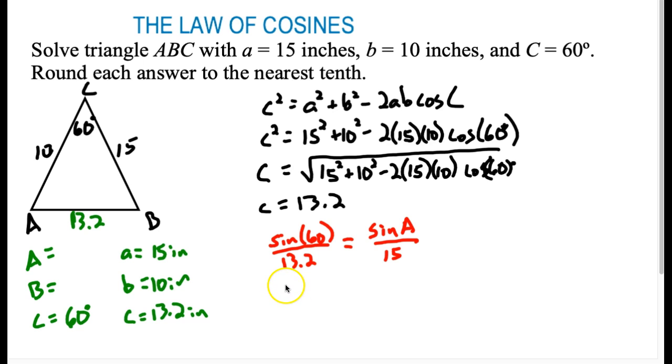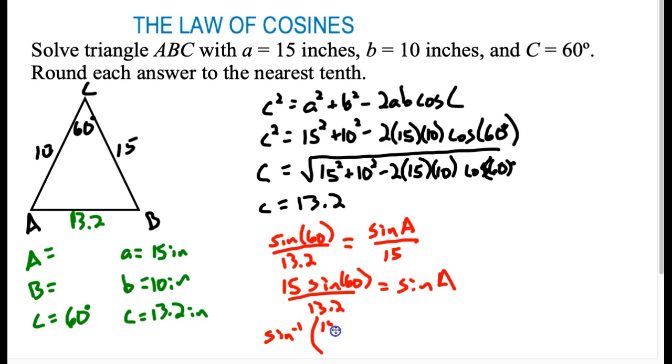So now just multiply the 15 over. 15 times the sine of 60 over 13.2 equals sine of A. And to get A by itself, take the inverse sine of both sides. So we'll get inverse sine of 15 times the sine of 60 all over 13.2 equals A. And we can put that into the calculator.